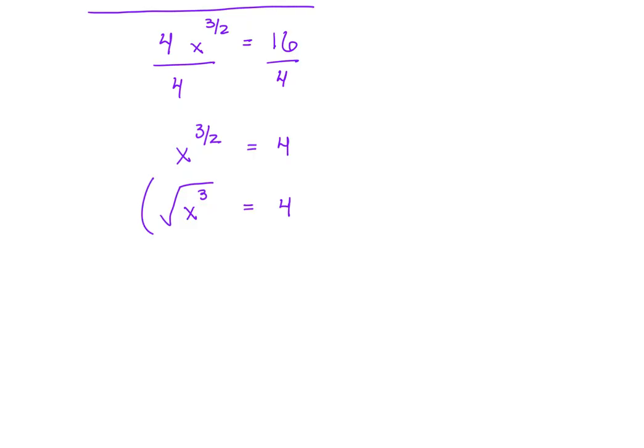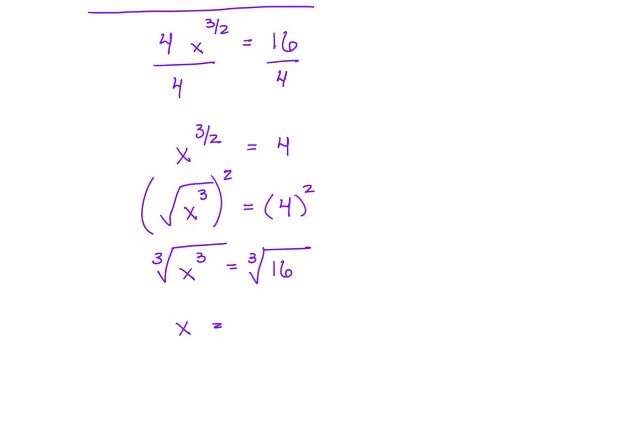So in order to simplify or solve this, the first thing I want to do is get rid of the square root. I'm going to square both sides. We get x cubed equals 16. And then we want to take the cube root of both sides.